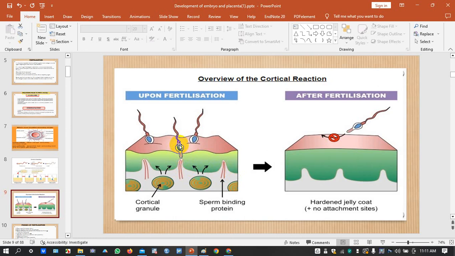It's like a peg and a hole, or a lock and key model. So after binding, no other sperm can bind, because you can see the zona pellucida has been hardened, so no sperm can enter. But here it is soft. That's why you are seeing it zigzag, with rough characteristics. Now it is very firm, and this will prevent multiple sperms from fertilizing the same egg.